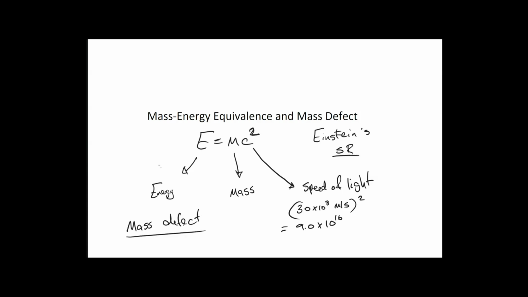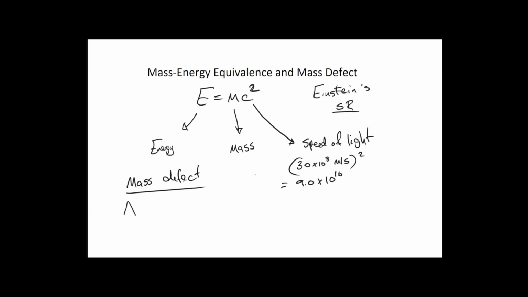Mass defect is going to be represented as delta M, change in M. So, mass defect in a spontaneous nuclear reaction, if you were to precisely weigh, like put the nucleons onto some sort of magic set of scales, and if you weighed the reactants, so what you had before, and then you weighed the product, and I know that weighing and mass are not necessarily the same thing, but we're going to say that they're kind of the same thing. The mass is not going to be the same.